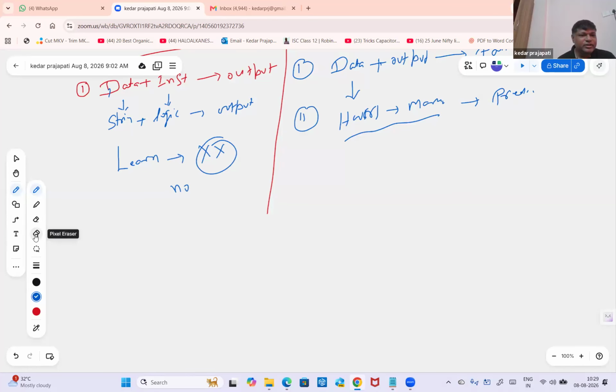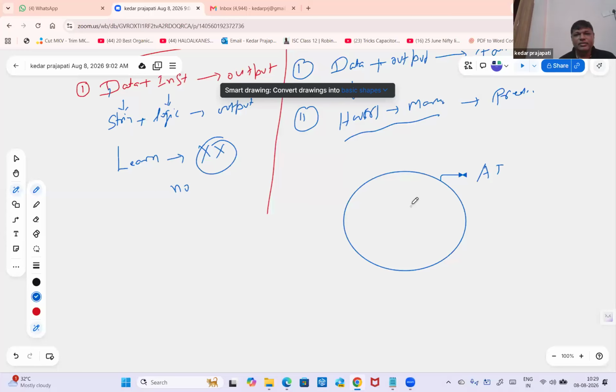We drew this circle, right? So this entire thing is AI. Entire canvas is AI. And machine learning is a branch of it.